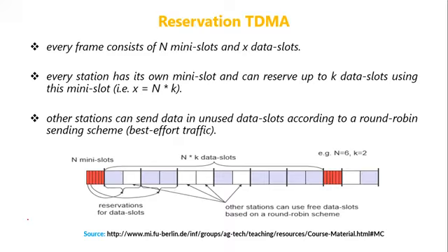If somebody has not reserved their data slot, that will be an empty slot, and empty slots can be used by other stations in a round robin fashion. So that is the concept of reservation TDMA.